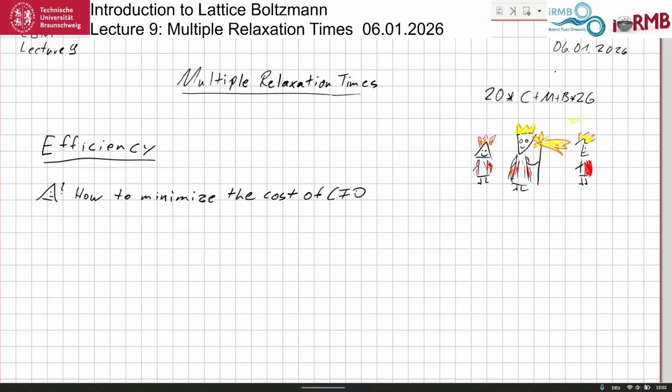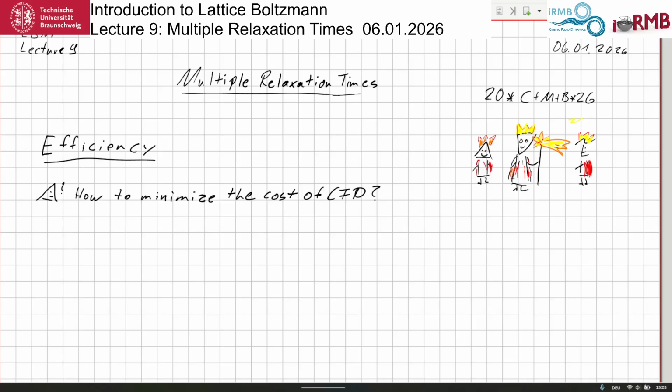Lattice Boltzmann has this problem in the same way as other methods, so it's always a question how to make them as efficient as possible.